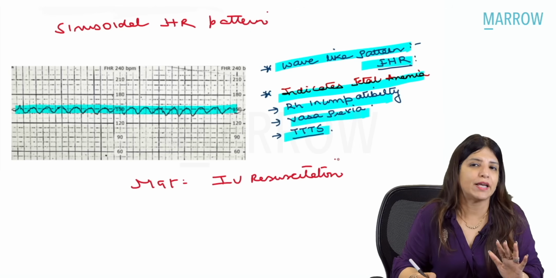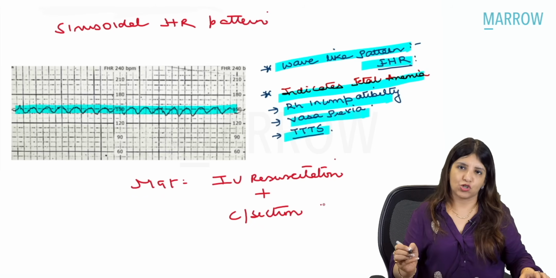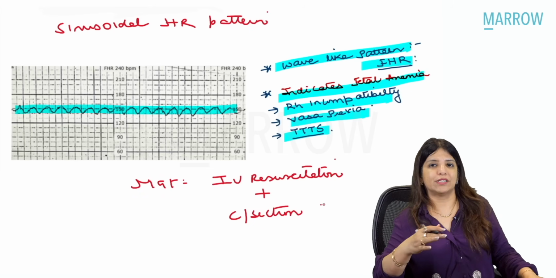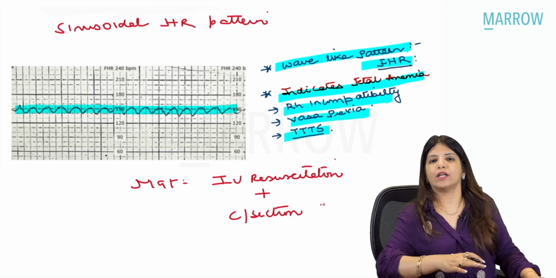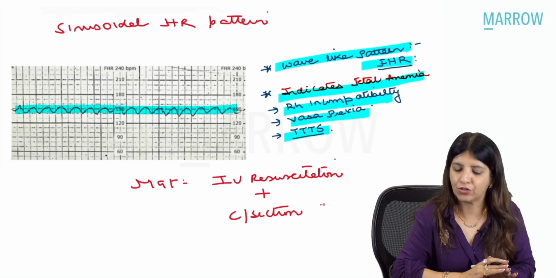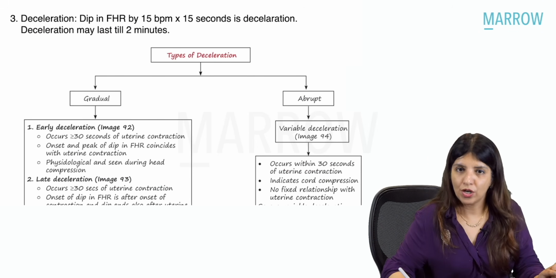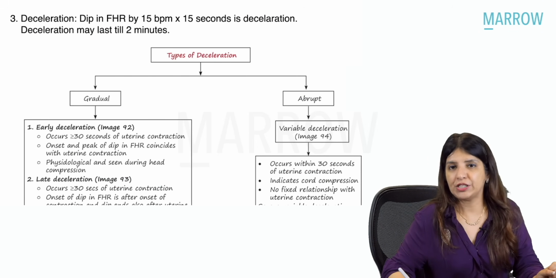You are going to stop any oxytocin which you are giving, and simultaneously you are preparing her for cesarean section. So while you are preparing her for cesarean section, you are going to give her intrauterine resuscitation whenever you get sinusoidal heart rate pattern.